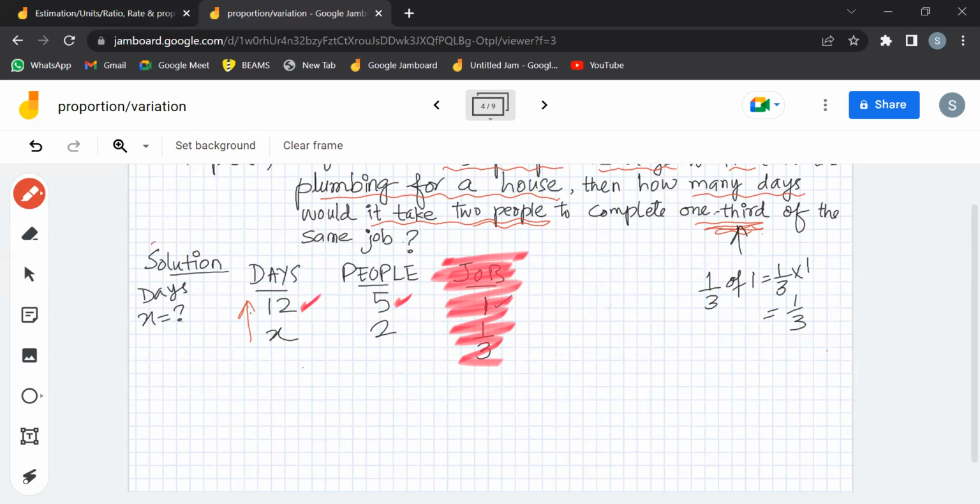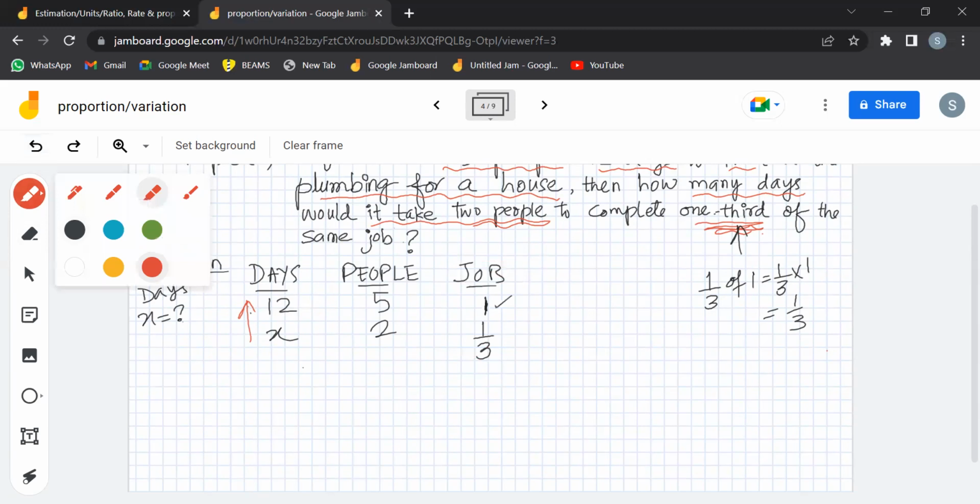And if there are 2 people and we want to complete the same job, we need more days. So the arrow is in the opposite direction. So for the people and the days, it is inverse, because if we are decreasing the number of people, we need more days to complete that task.